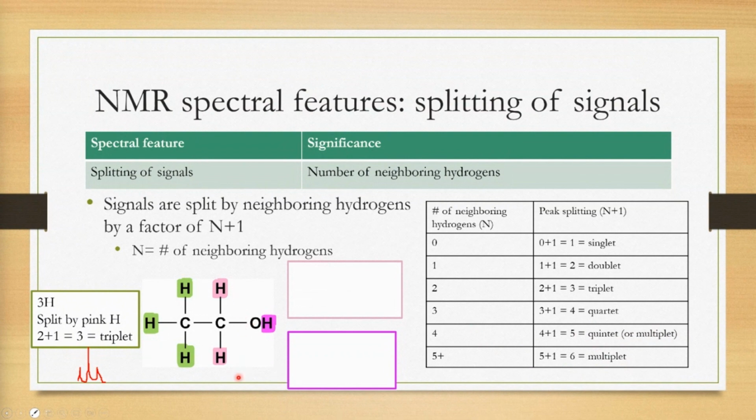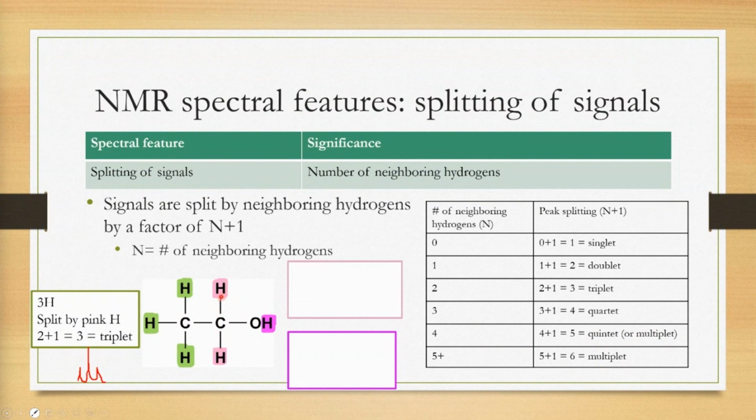Okay, let's go back to this example. Now we're looking at these light pink hydrogens. We know that there are 3 hydrogens on this adjacent carbon, and on this adjacent oxygen, there's 1 hydrogen. But often, if you have an electronegative element like oxygen nearby, this hydrogen doesn't impact the splitting.